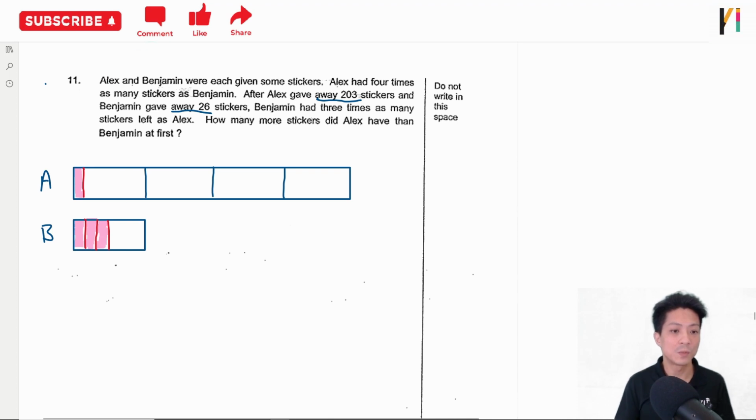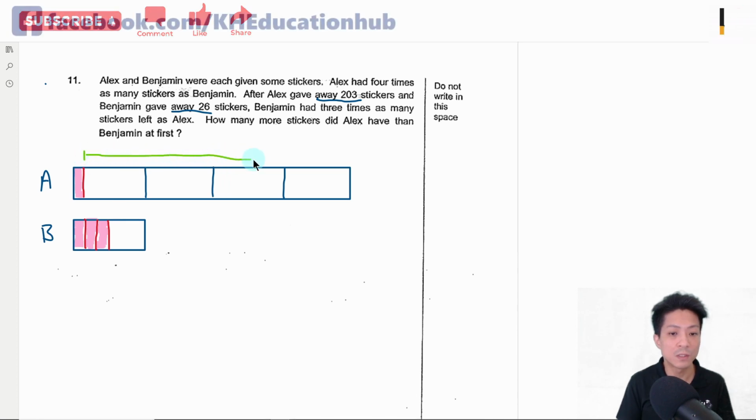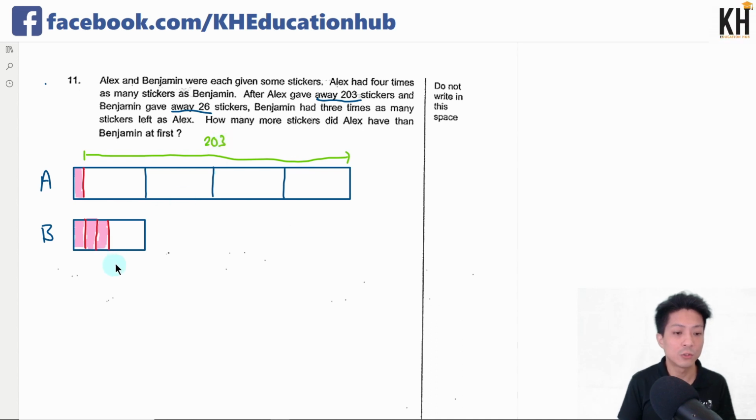This is what's left, which means that from here to here is the 203, and from this is basically the 26.